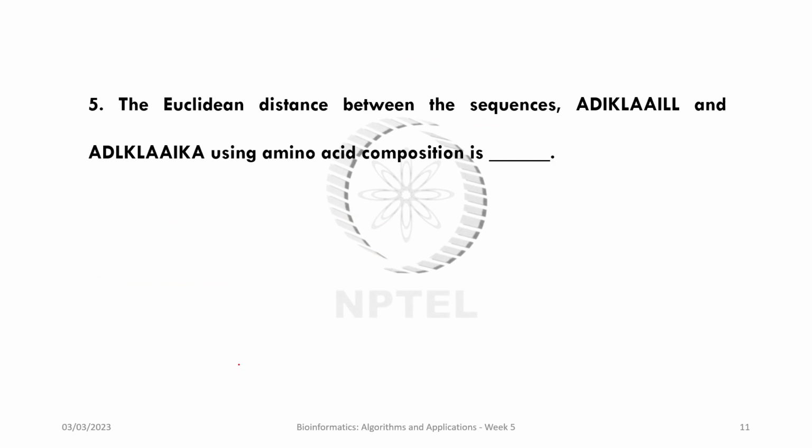The Euclidean distance between the sequences ADIKLAAILL and ADLKLAAIK using amino acid composition is... So I'll let you take 2 minutes to align these, derive the frequencies, and calculate the distance.